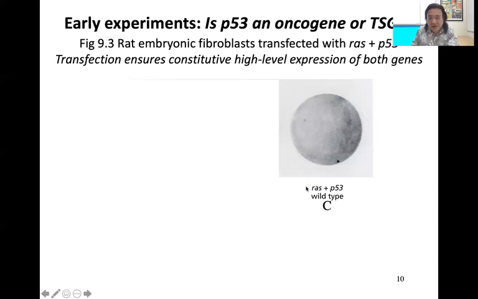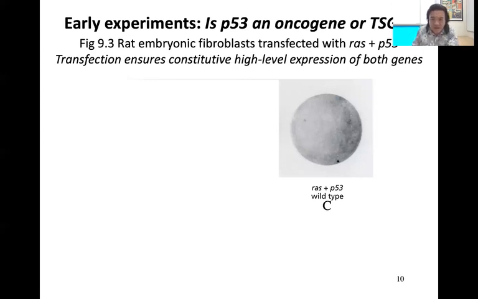So when you transfected these wild type embryonic fibroblast cells with wild type RAS expression vector and wild type p53, this is what they saw. For the most part, the cells did not transform. Here you have maybe one example of a transformed foci. Here's maybe another one, right? But very little activity.